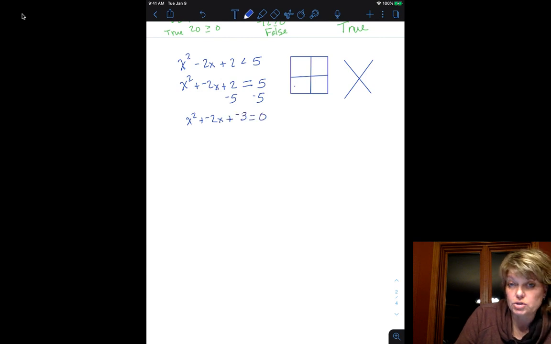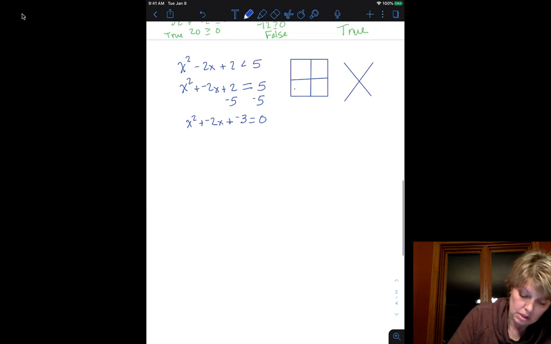Now we have our equation, and now I can go to my factoring. Make that a little clearer. That's going to be negative 3x and positive 1x.